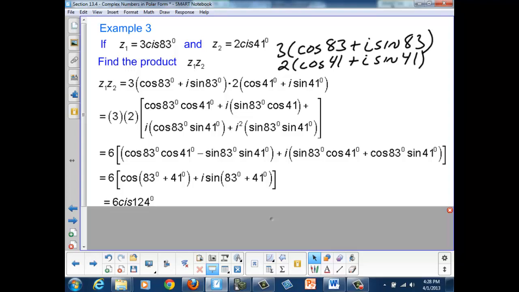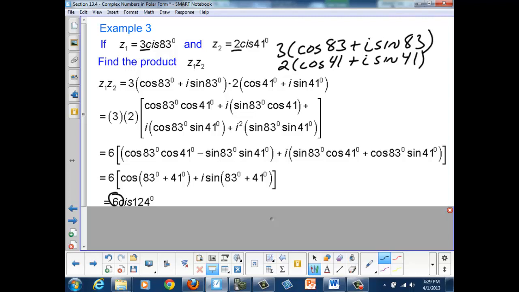Now let's look at how our answer compares to our question. Do I need to go through all these steps every time I multiply two complex numbers in polar form? Well, where did this 6 come from? Well, it came from the 3 times the 2.